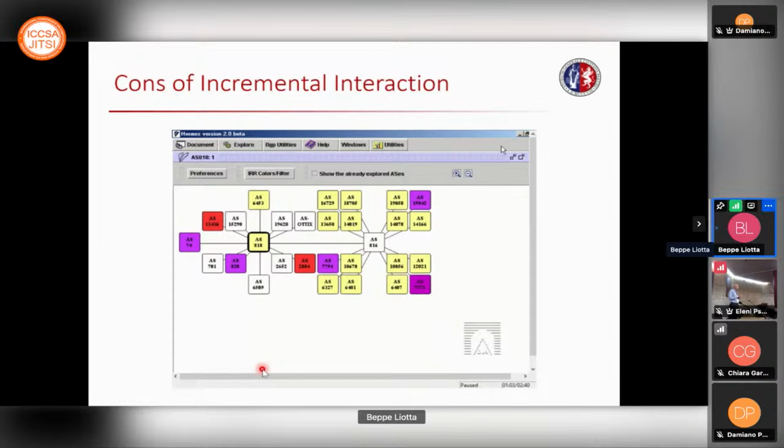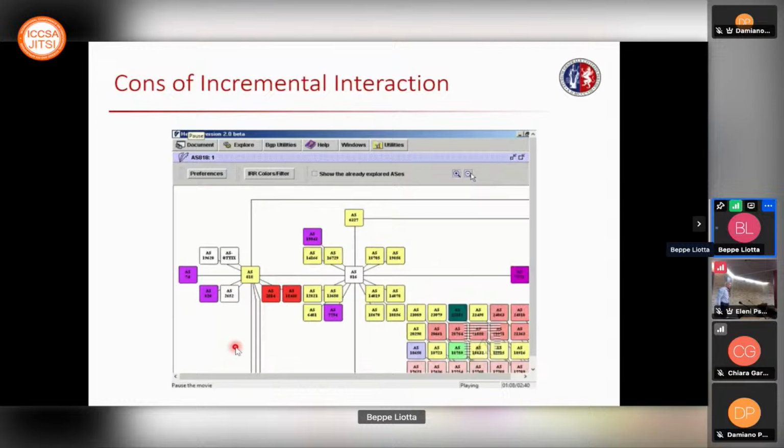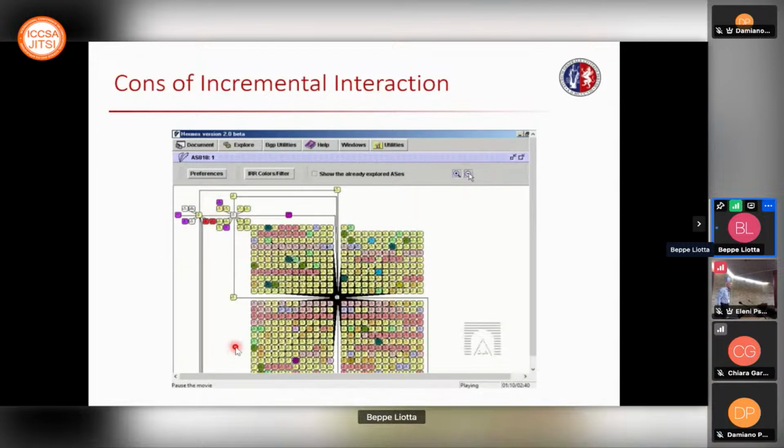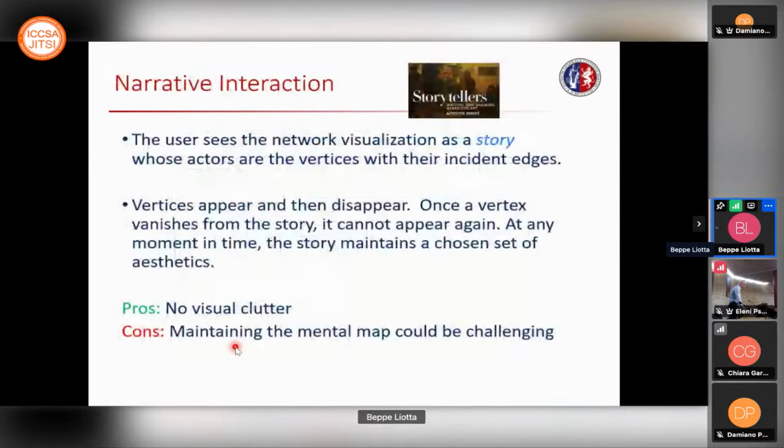RIPE is the European agency that controls the traffic over the internet. This is the internet at the level of autonomous systems, and these are the relationships between the autonomous systems. And if I do incremental construction here, after only one click, I get a very complicated network. Okay, so this is the concept of incremental interaction.